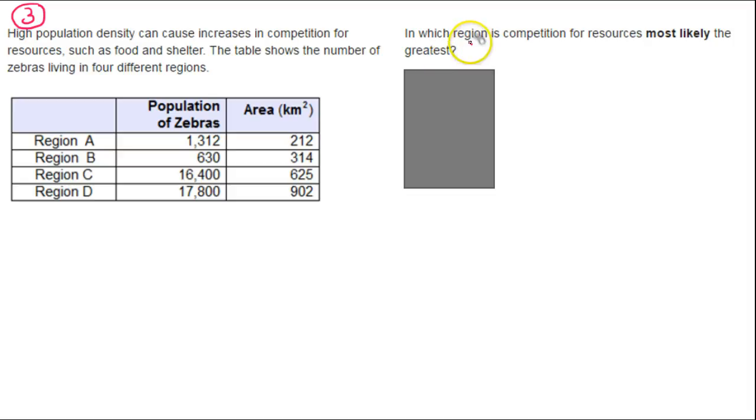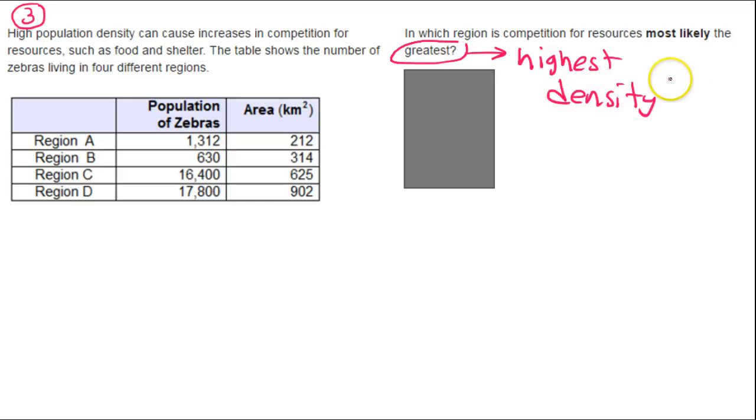Okay, so if the competition is the greatest, that means we're looking for the highest population density. Because that's where the competition is going to be the tightest, where the population is the most dense.